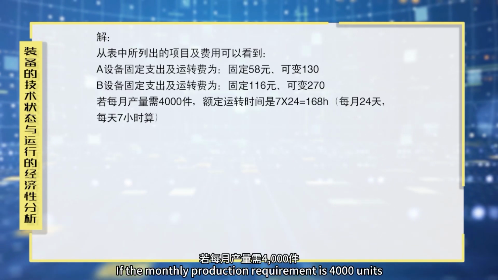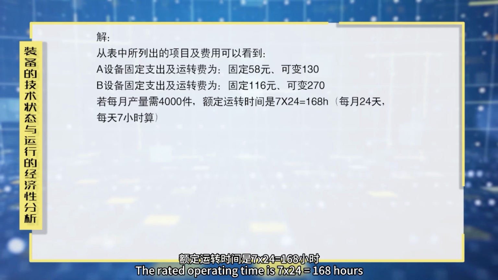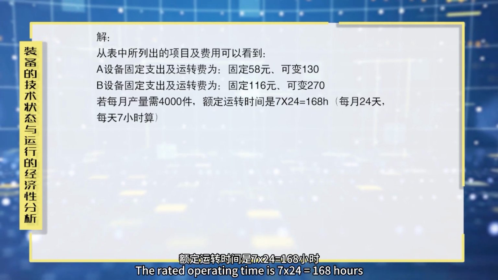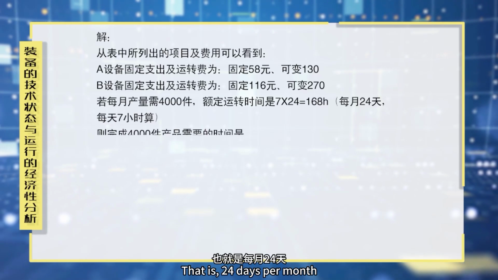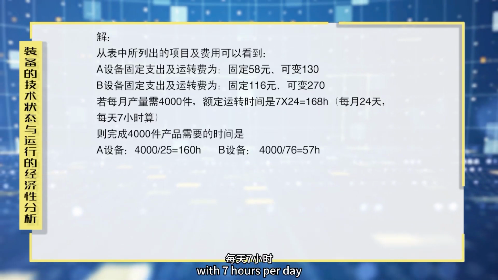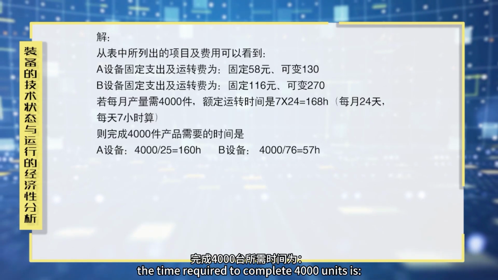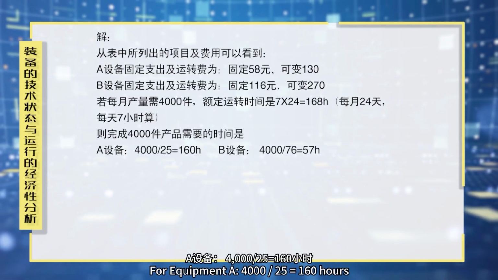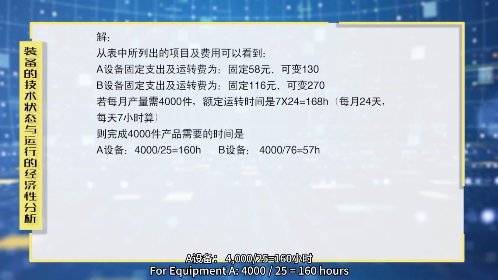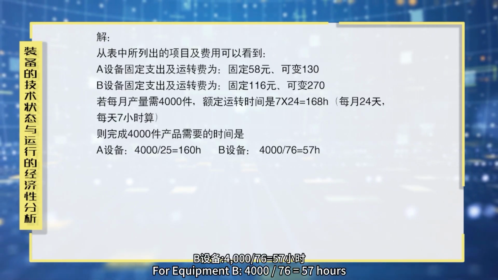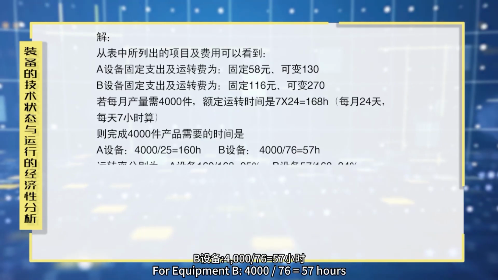If the monthly production requirement is 4,000 units, the rated operating time is 7 times 24 equals 168 hours. That is, 24 days per month, with 7 hours per day. Thus, the time required to complete 4,000 units is: for equipment A, 4,000 divided by 25 equals 160 hours. For equipment B, 4,000 divided by 76 equals 57 hours.